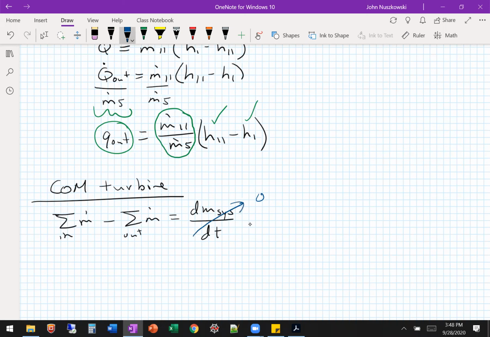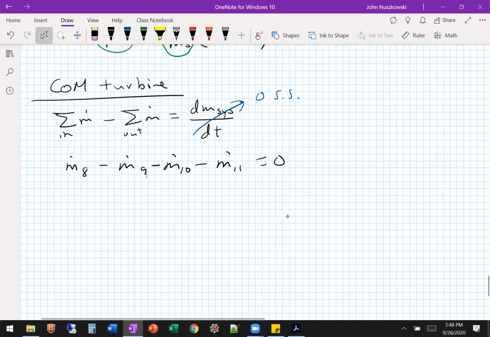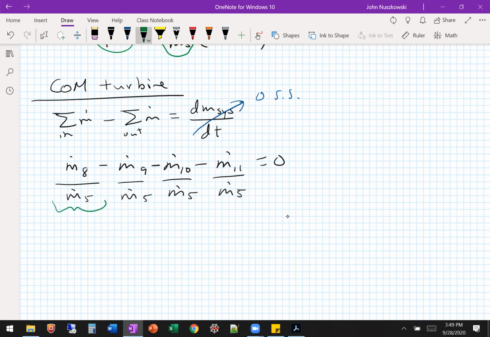All right, steady state. So we have mass rate 8 going in, 9 leaving, 10 leaving, 11 leaving. And if we now divide everything by mass flow rate 5, what's mass flow rate 8 divided by 5? 1, right?